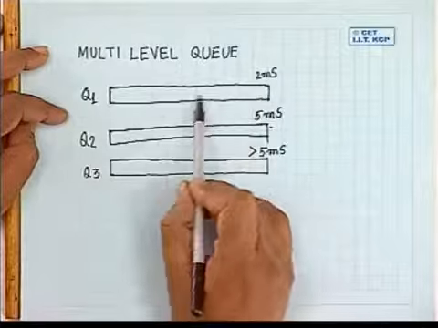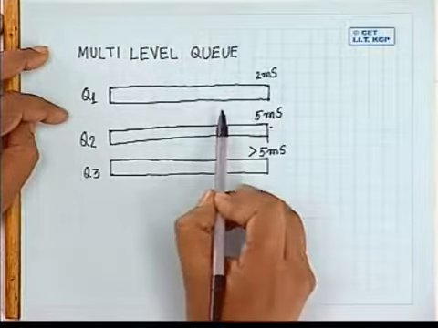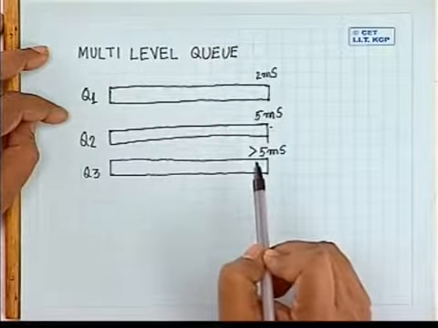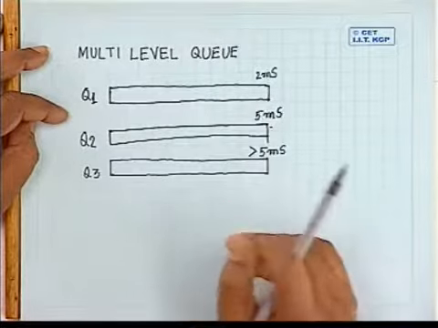Similarly, a job which initially was IO bound, with CPU bursts of less than 2 milliseconds, may after some time become CPU bound. That is, its CPU burst requirement will become greater than 2 milliseconds.